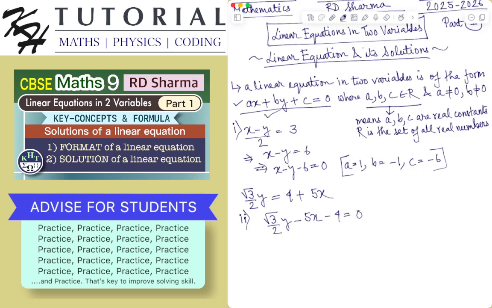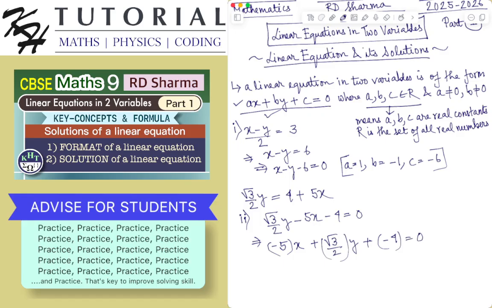Now, doing a little bit of arrangement, I have minus 5x plus root 3 by 2 y minus 4. Even better, if I write it this way, it will be easier to understand. I can write minus 5 into x plus root 3 by 2 into y plus minus 4 is equal to 0.